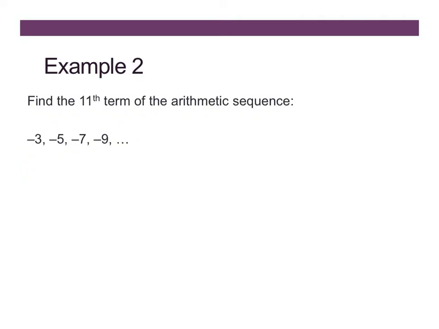Example 2. Find the 11th term of the arithmetic sequence. -3 to -5 means we're going back 2, so we know that our common difference d equals -2. You might be wondering why I don't go through and test them all, and that's because I already know it's an arithmetic sequence, so I just need to identify what the common difference is, and I don't have to prove it.